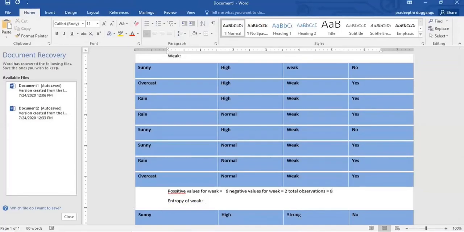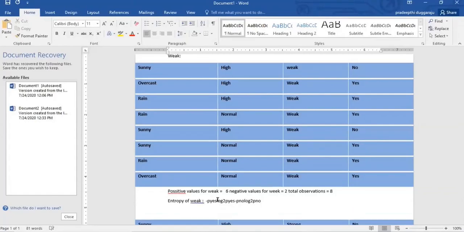Now let's calculate the probability. So what is the formula of entropy? Minus P yes log 2 P yes minus P no log 2 P no. Right? This is the P yes. What is the probability of yes for weak? I'm talking about the probability.